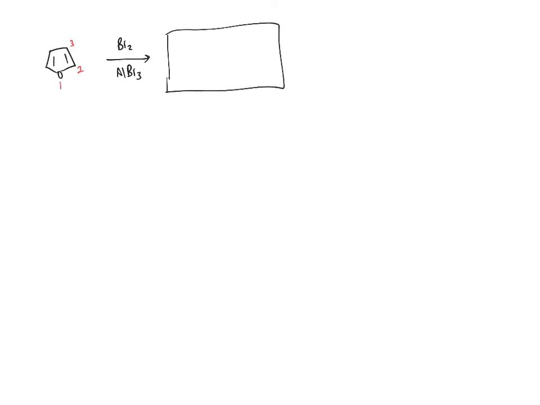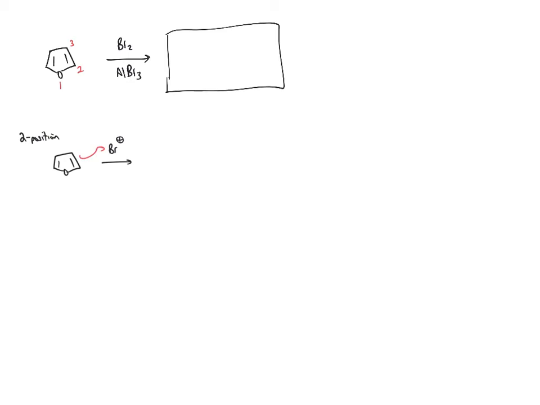All right, so let's say we're going to substitute at the 2 position first. Let's draw out the resonance forms for this. Okay, so of course I've got this sigma complex, so I'm going to skip ahead right to the formation of that sigma complex, the E+.